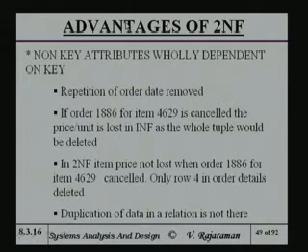Now the advantage of second normal form, which I of course already said, but let me just reiterate: non-key attributes are wholly dependent on the key. That is what we made sure. So repetition of order date is removed because it is a separate relation. If an order number for a particular item is cancelled, price per unit is not lost.